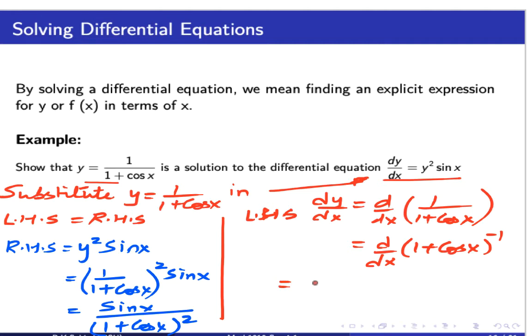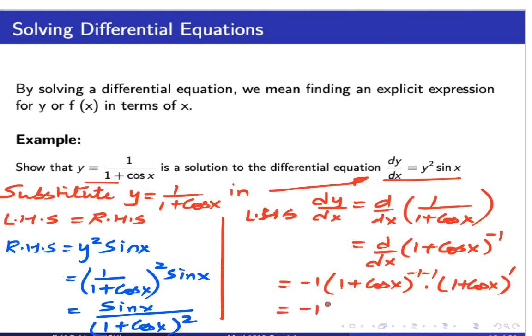So chain rule means you first take the differential of the outside, which is minus 1 times (1 plus cosine x) to the power minus 1 minus 1. That's how it's a little different than the integrals. We're doing differentials here, that's why. Minus 1 times, you're going to take the differential of the inside term, which is given by 1 plus cosine x.